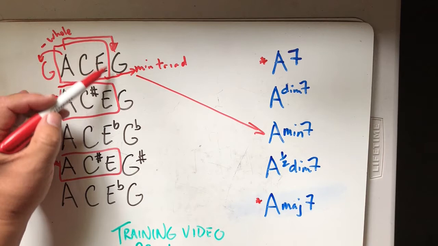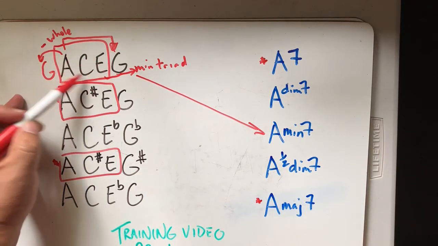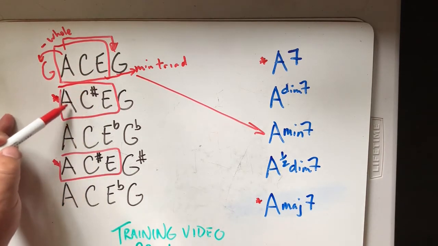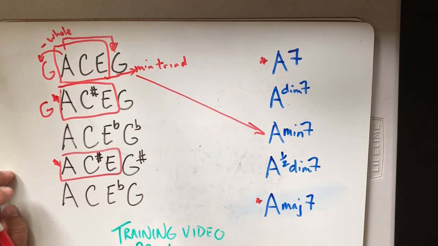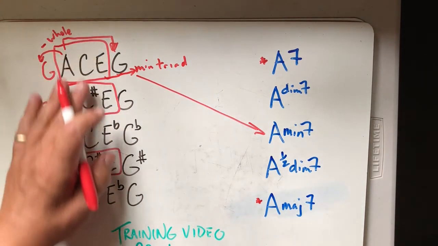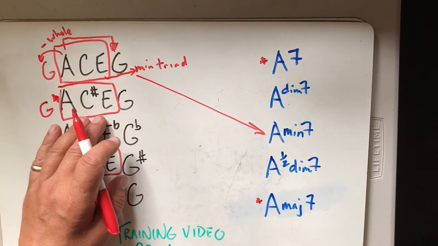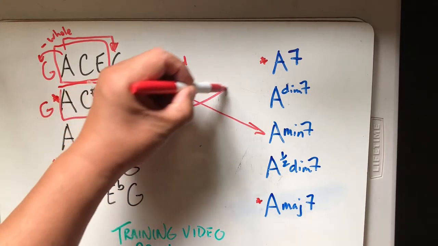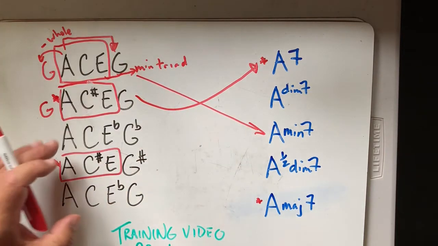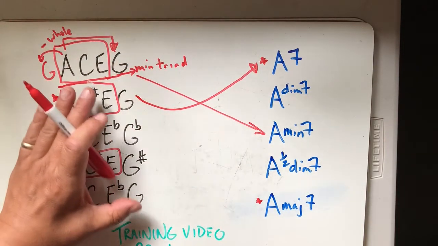Since we knew that the minor 7 chord right here had a minor triad and a minor 7th, we can see that this also has the plain old G, which is a whole step down. So this is the same 7th, different triads. Major triad, minor 7th. That's going to be a dominant chord. Again, got to be able to spell these and measure them.